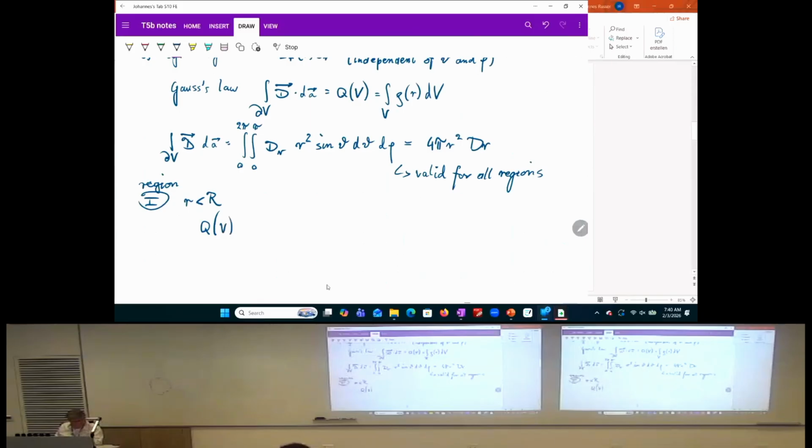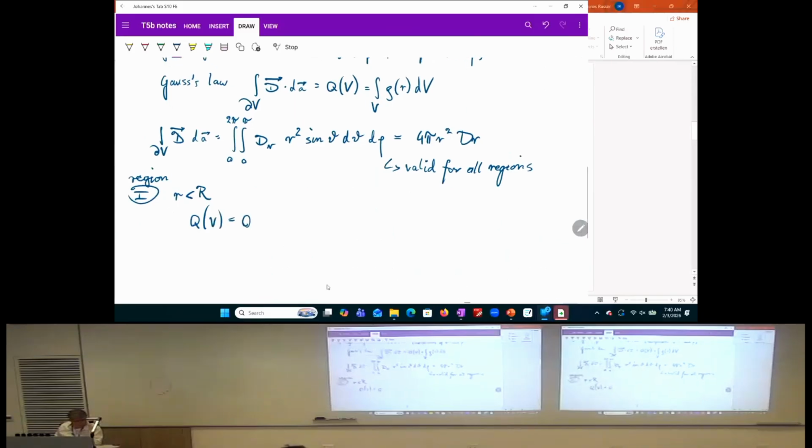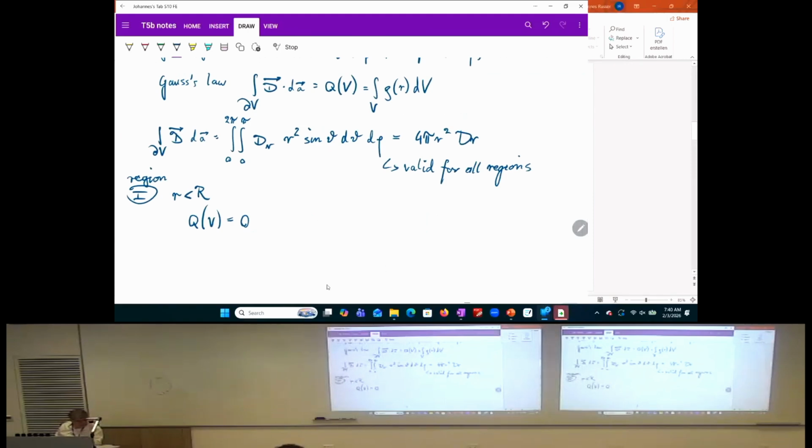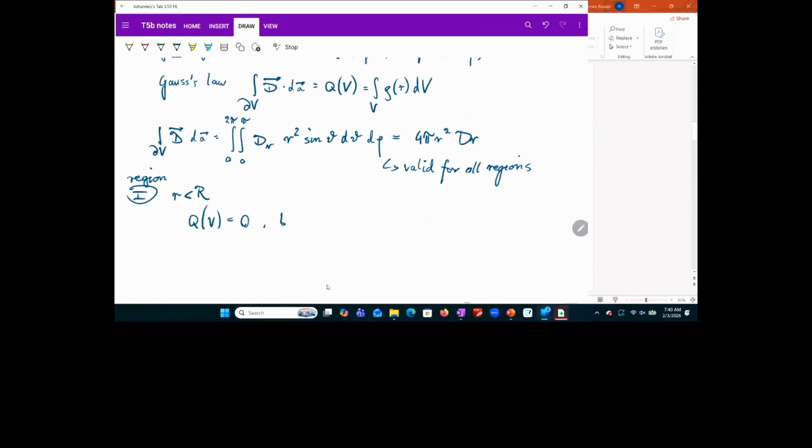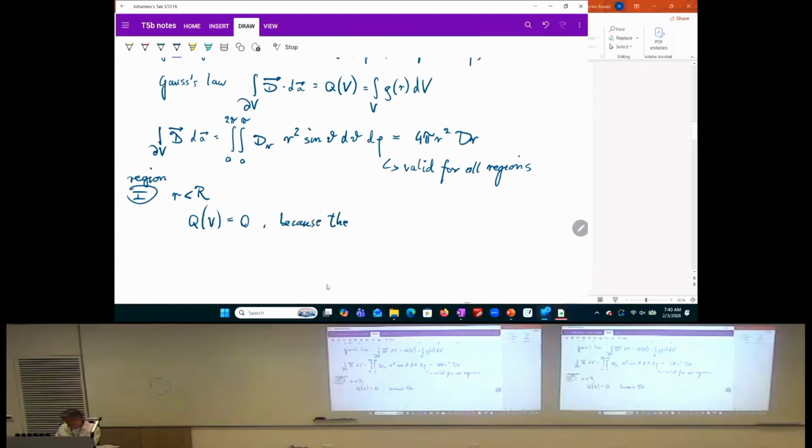That means as long as our r is smaller than capital R, our enclosed charge is 0, because the charge is distributed over the surface of the conductor.